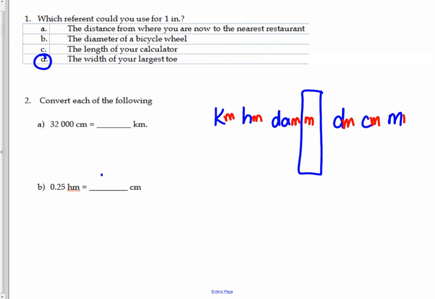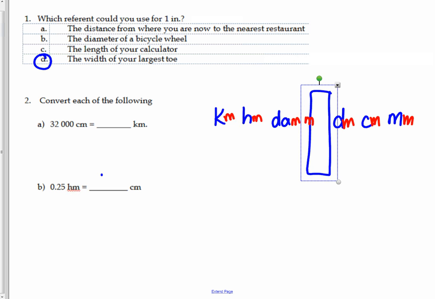Okay. So you might have found a way to memorize this in the past, right? King Henry's daughter Mary died chasing men. Well, what's yours? King Henry drank my, for meters, dark chocolate milk. I've also heard kill him dead, but stands for the base unit, but don't commit murder.